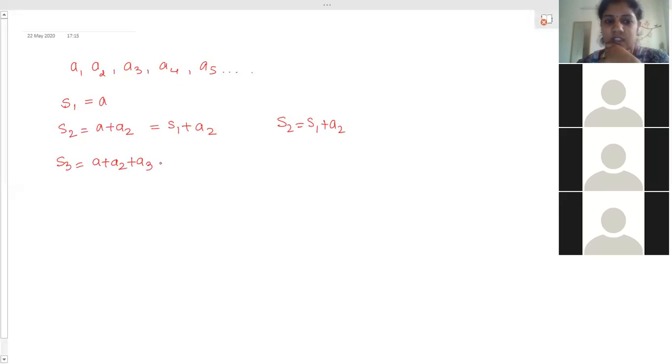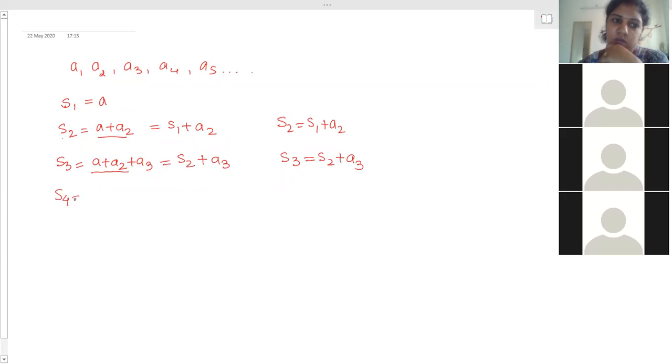In that case, A plus A2 is S2, plus A3. So S3 is equal to S2 plus A3.